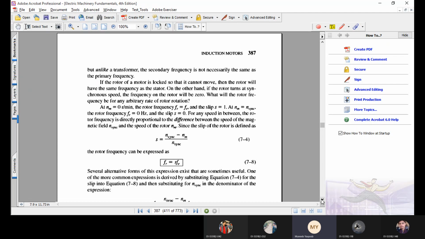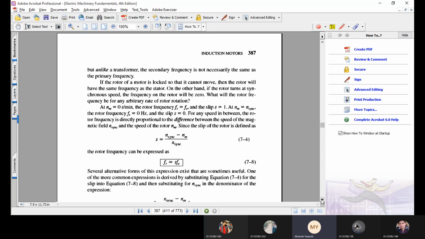As the rotor is stationary, the primary frequency is equal to the secondary frequency because a transformer does not change the frequency. So if we apply 50 hertz at the primary side of the induction motor, we will get 50 hertz at the secondary or rotor side of the induction motor.